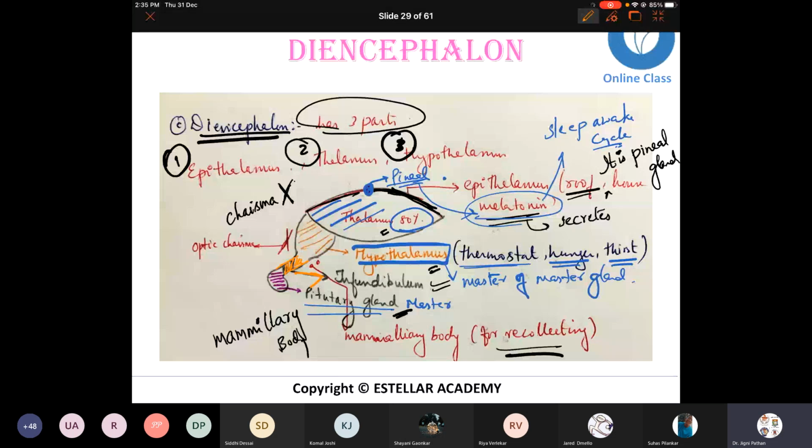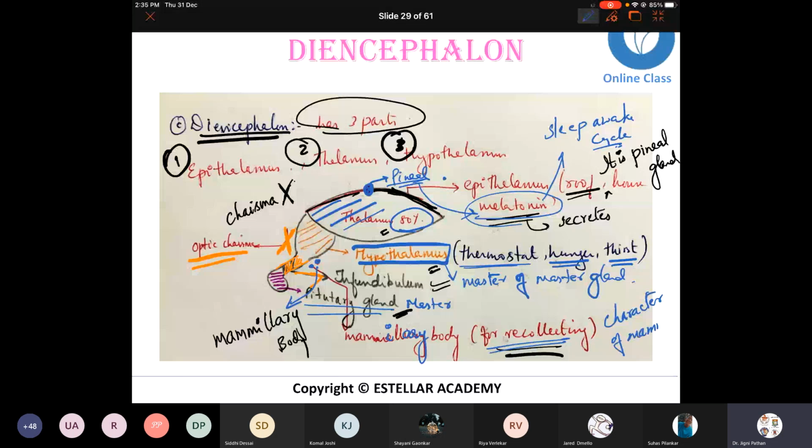Point is clear. In front of the hypothalamus there is a crossing of optic nerves forming the optic chiasma, and on the back side there are two dots. These are called mammillary bodies, which are helpful for recollecting memories.